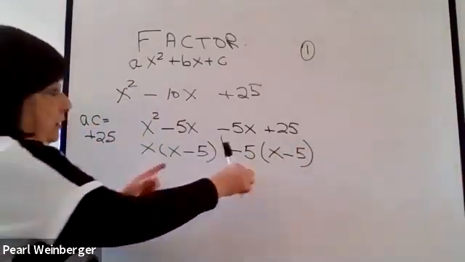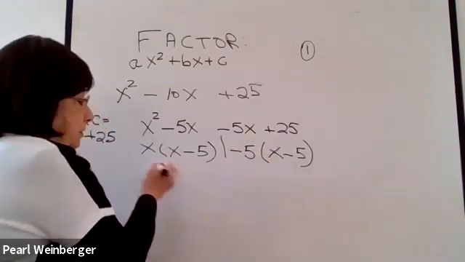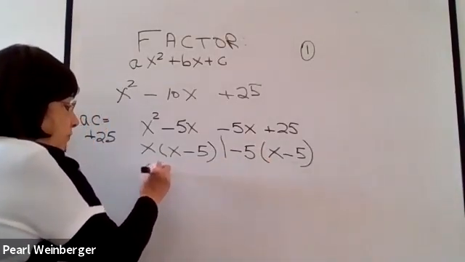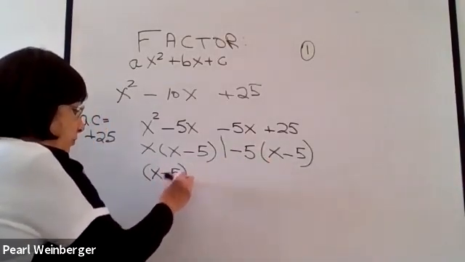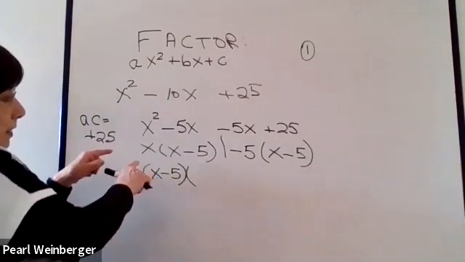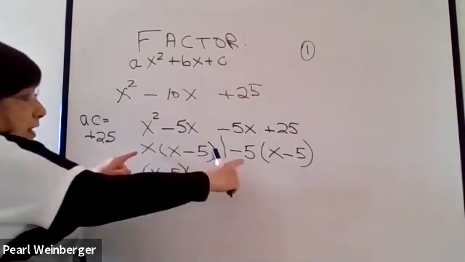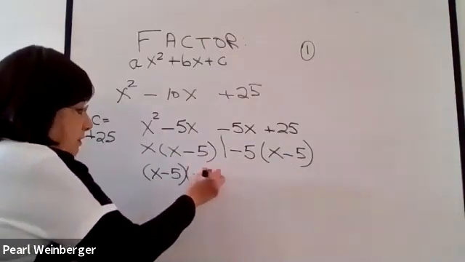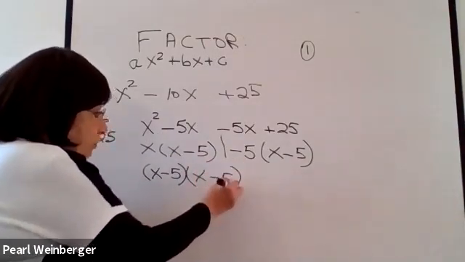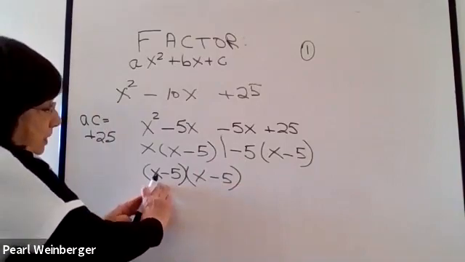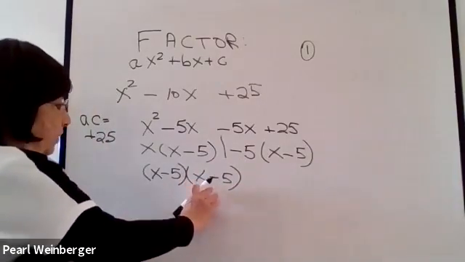And now I see that I have in each of the parentheses x minus 5, so I put x minus 5 in front. And on my second parentheses, I put what's on the outside, which again is an x minus 5. So my answer came out to be x minus 5 times x minus 5.